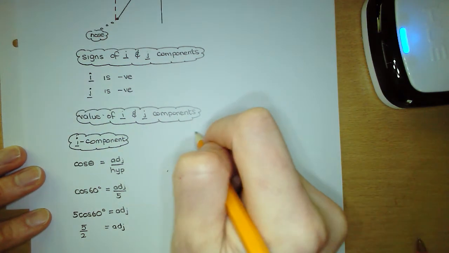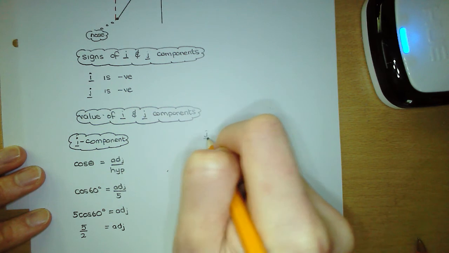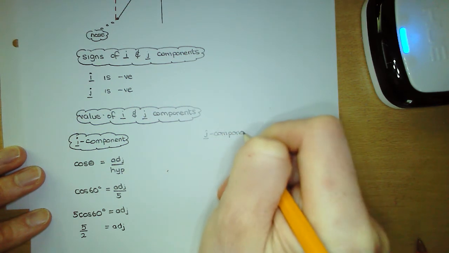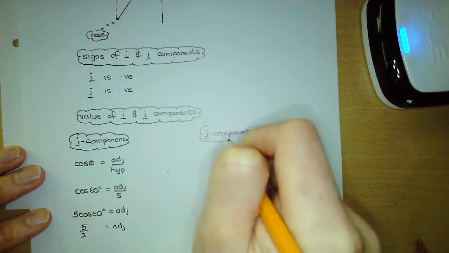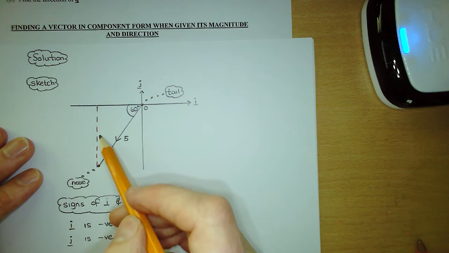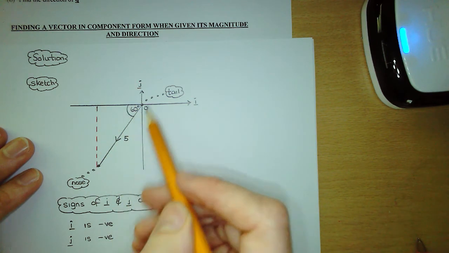Let's do the same for the j component. So going back to our diagram, the value of the j component is the side which is opposite the angle.